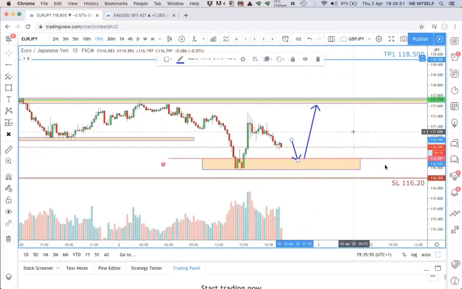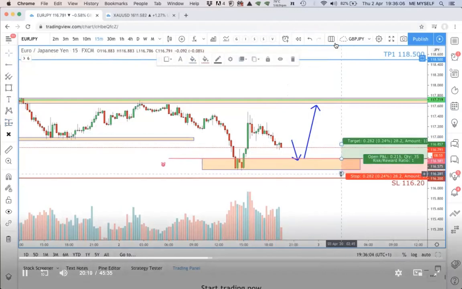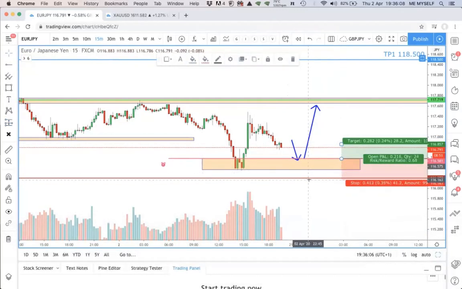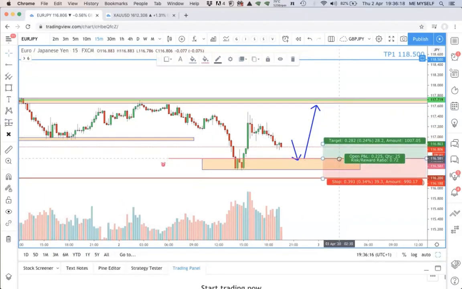This is why we manage our risks appropriately. We do have non-farm payrolls, so we've got to be aware of that. But what I'm looking for is for price to dip down in here, and then we get a move away. Okay, and the stop loss doesn't need to be... in fact, we could use the same 116.2 as the stop loss area.